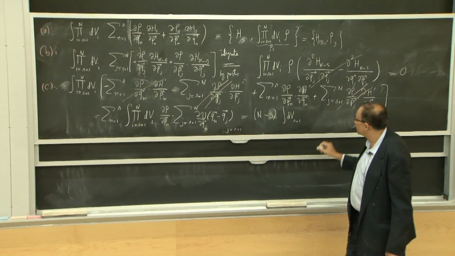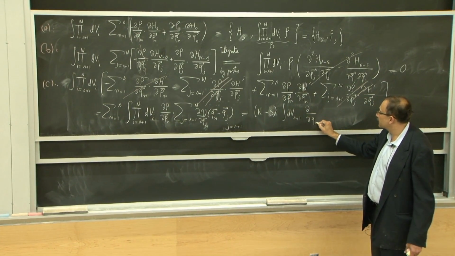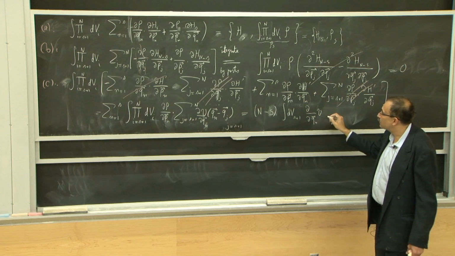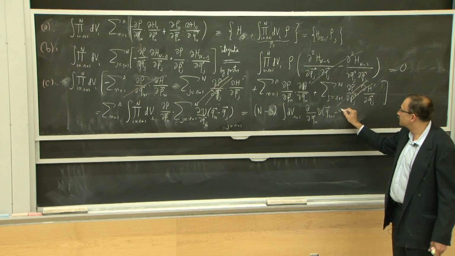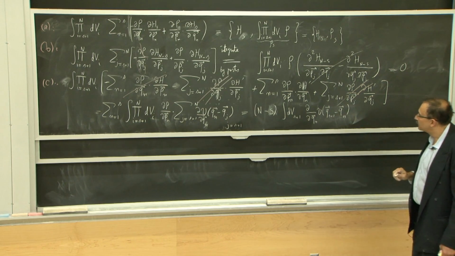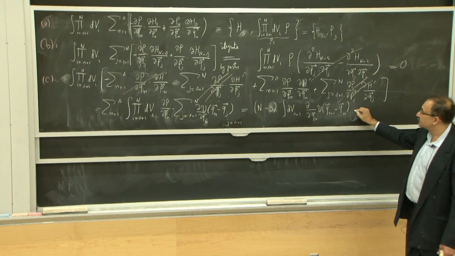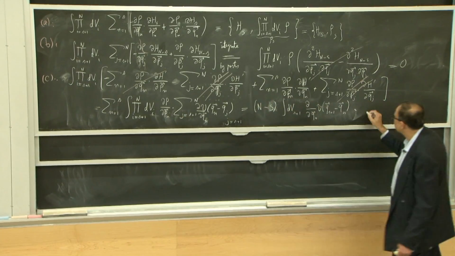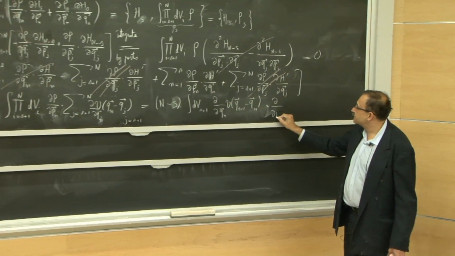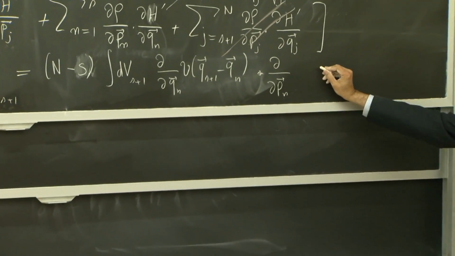I have the force that is exerted on particle number n by the particle that is labeled s plus 1. And this force is dot producted with a gradient along the momentum in direction of particle n of its density.